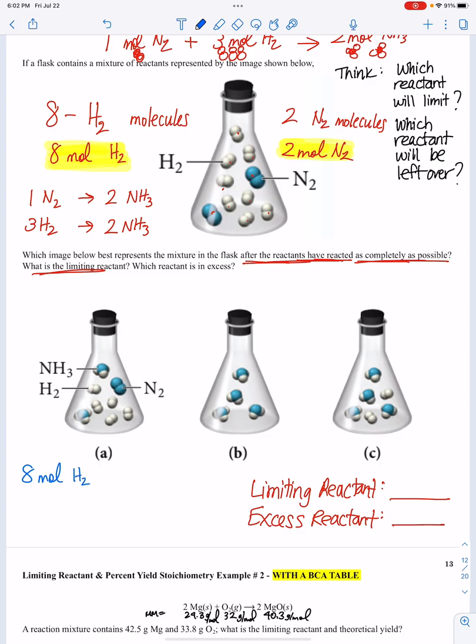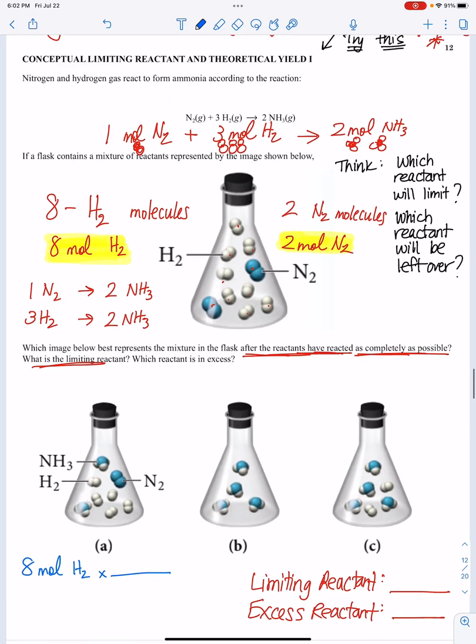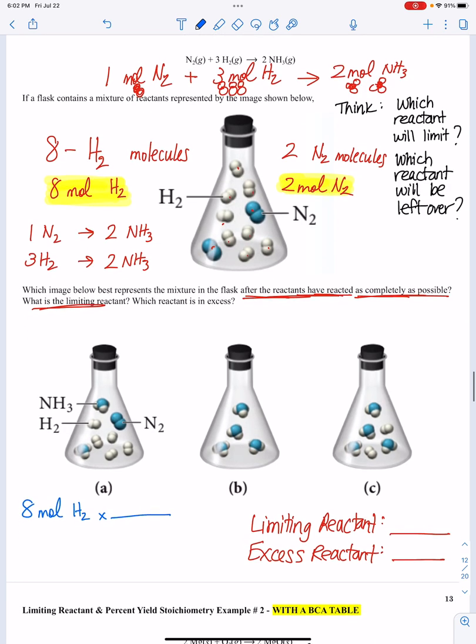I like doing the math. 8 moles of H2, and for every 3 moles of H2, I'll get 2 moles of NH3. So if I do this math, I get 8 times 2, which is 16, divided by 3. I will get 5.33 moles of NH3.